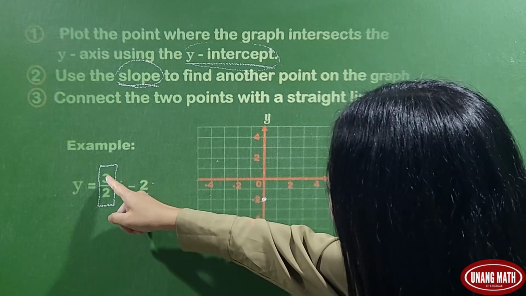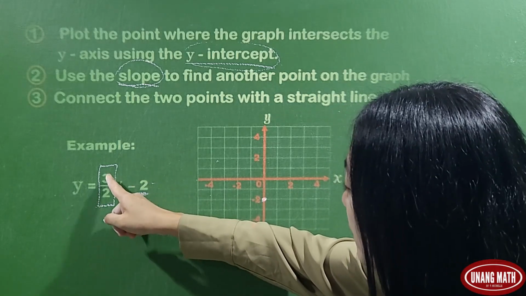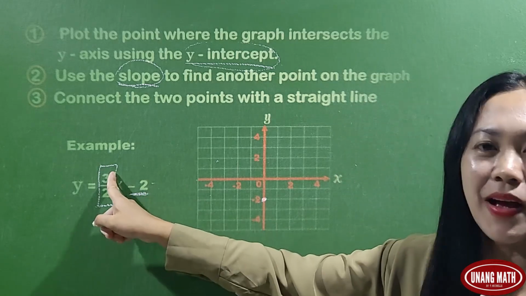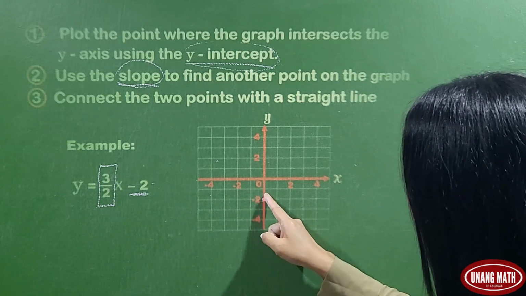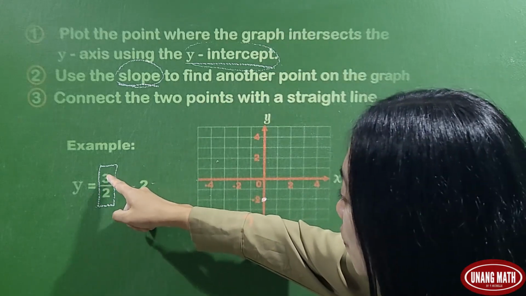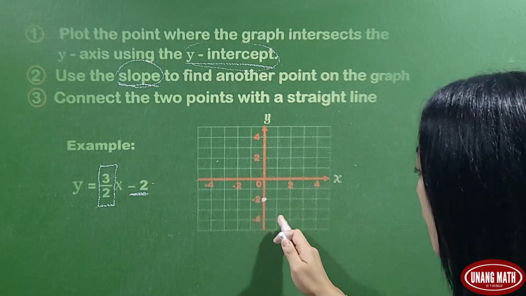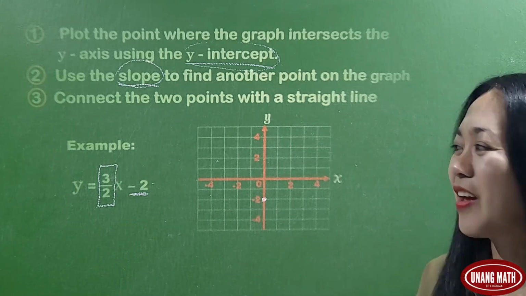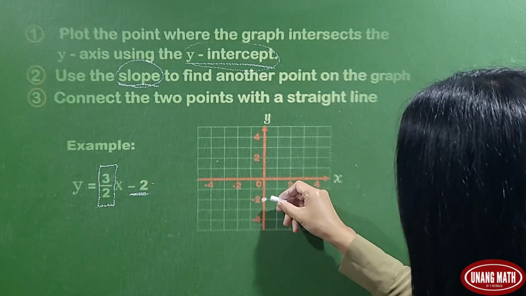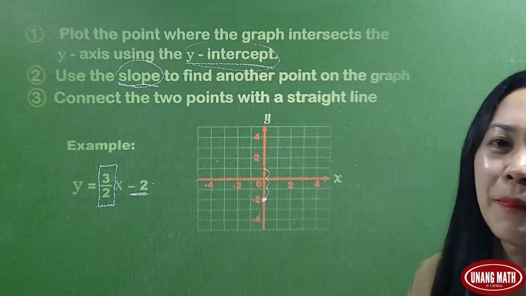So the change in y is 3, specifically positive 3. If the change in y is positive 3, then we will be moving 3 units going up. If the change in y is negative 3 or a negative number, then we will be moving down. Since this is positive 3, we need to move 3 units going up.